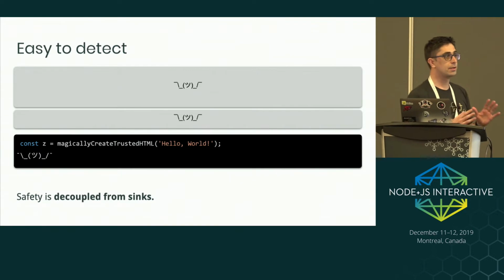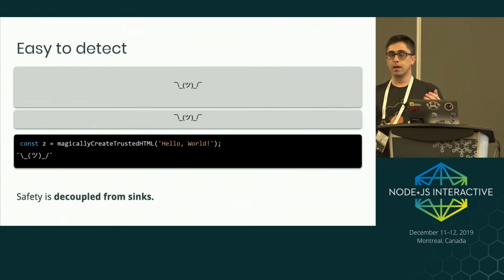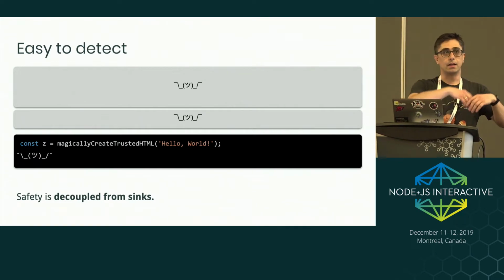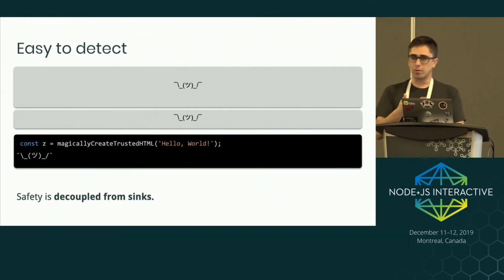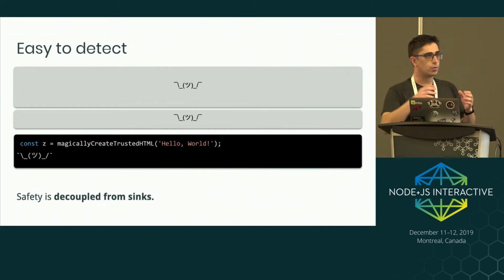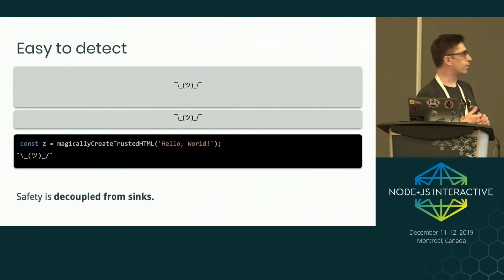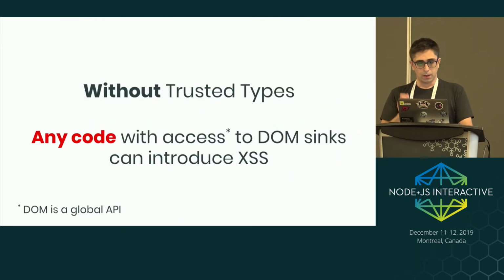And this is a fundamental change. We move from a state where the API is insecure by default and very clunky to work with, to a state in which an action has to be deliberate to interact with this API.